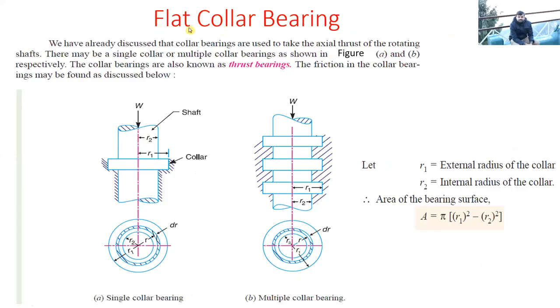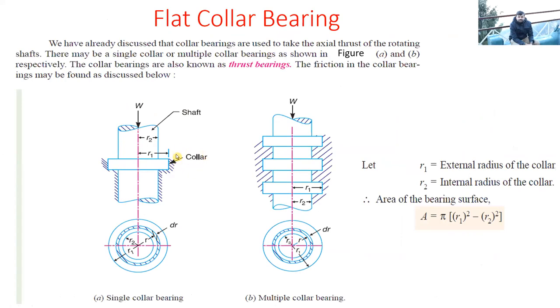In today's class, we'll be discussing the flat collar bearing. As we discussed in the introductory class, this collar is an integral part of the shaft. What is the function of this collar? This collar will be resting on the bearing, and all the axial thrust coming on the shaft will be transmitted to the bearing by means of this collar.